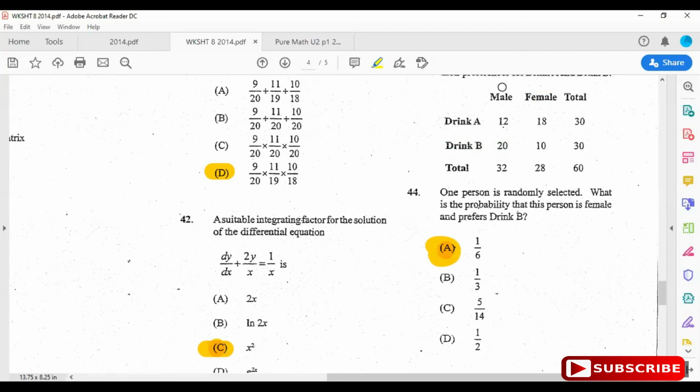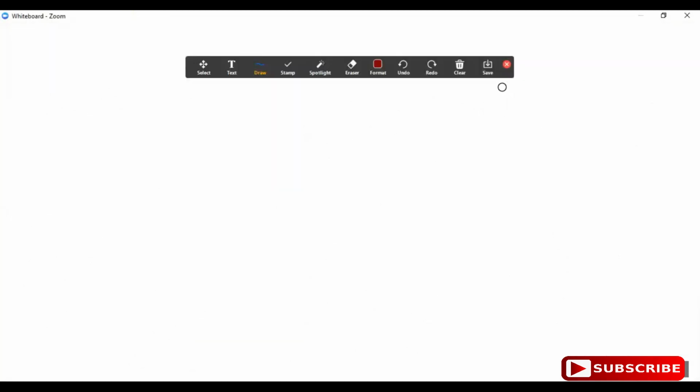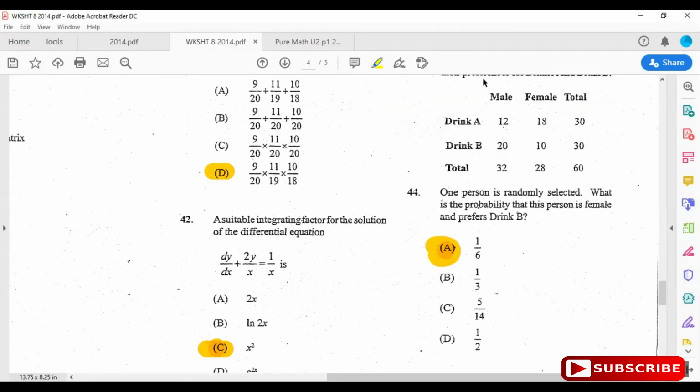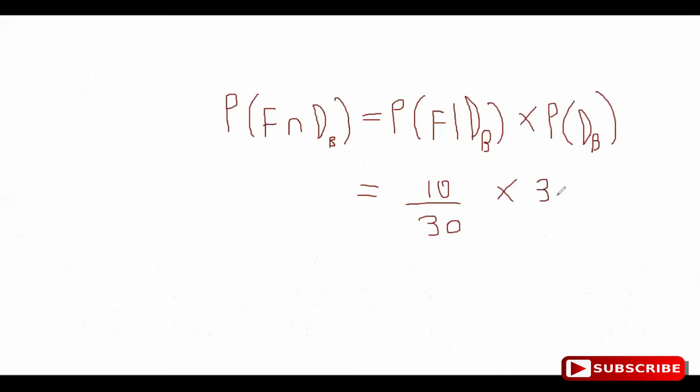So that's 10 over 30, times the probability that you drink B, which is 30 over 60. And this works out to be 1 over 6.